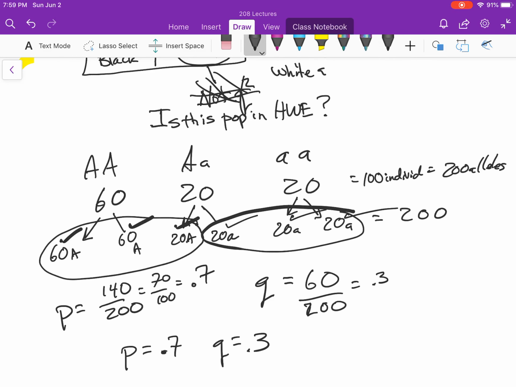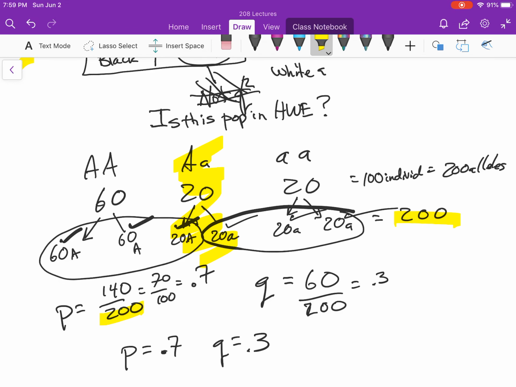Now, take a look back at what we did here. The tricky part is always doing the heterozygote, right? That's the hard part, because that's where we have to figure out the total number. And again, what I usually do is just double whatever number is there and put that in the denominator. So this denominator happens to be 200. If it was 250, you would use 250 for the denominator.